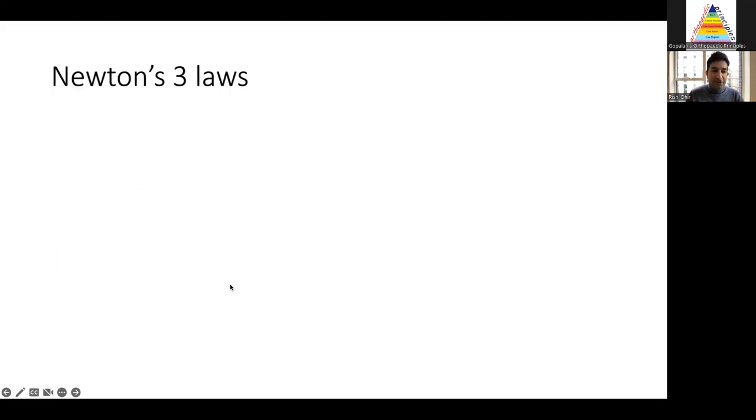So let's start with Newton's 3 laws. Law number 1, the law of inertia. This basically states that a body will stay static. It will not move if all of the forces and moments on it, the sum of them, are equal. Or if a body is in motion, it will remain in constant motion if everything acting on it is equal.